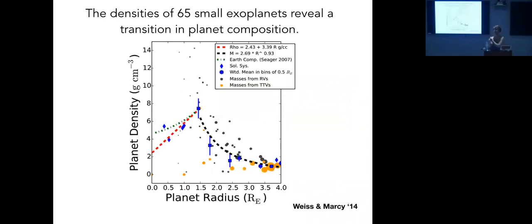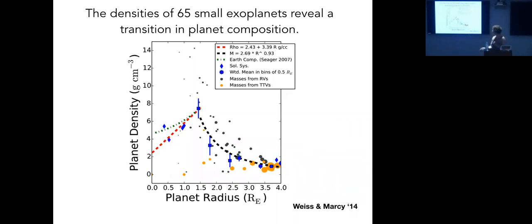We conducted a study of the masses and densities of 65 small exoplanets. So here what we're plotting is planet density versus planet radius. And in making this plot, we detect that there is a peak planet density at a size of 1.5 Earth radii.